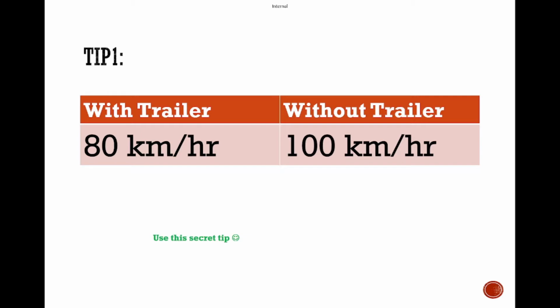If your question is without trailer, then it is 100 km per hour. Remember this, and then we will definitely have a look at and solve these questions later on.